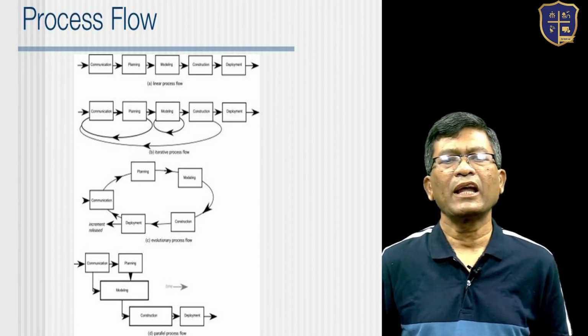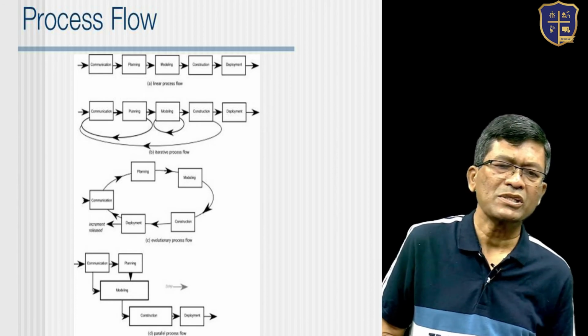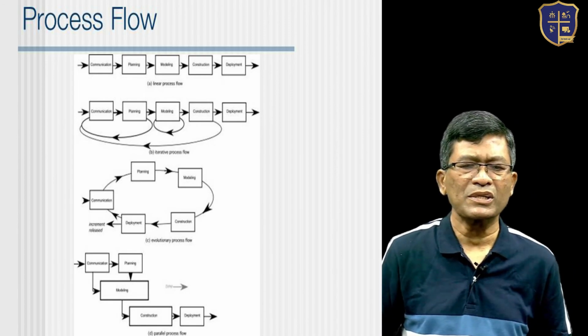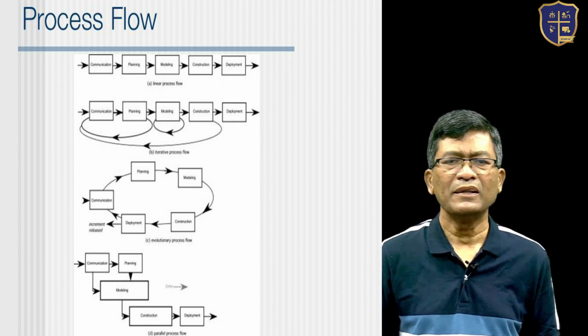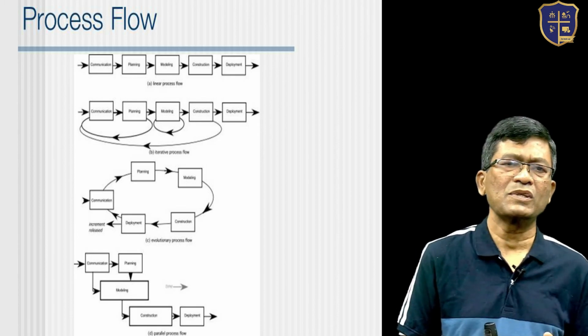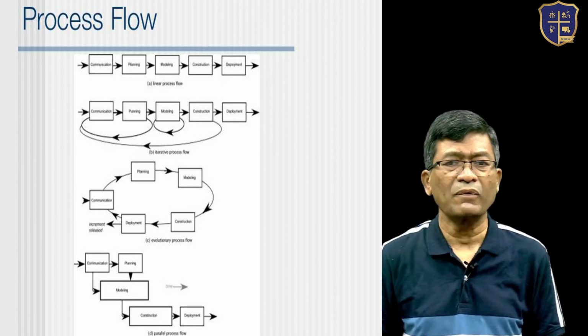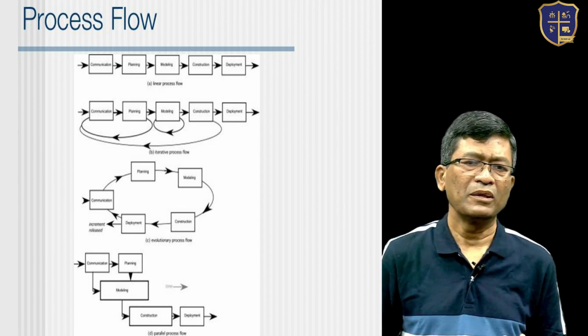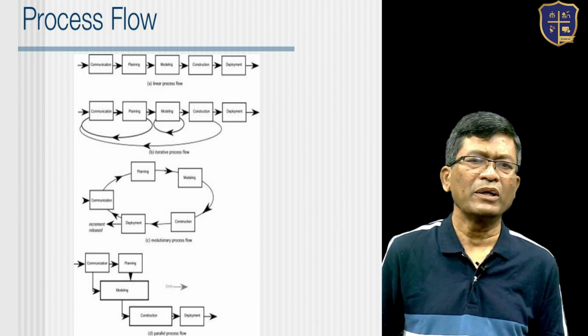And fourth, it can be parallel: while communication is taking place, planning, both together, modeling, then you come for construction. So the way you organize these 5 important stages or phases of the bigger software engineering process depends on the context of the problem. The people who are involved, it can change.